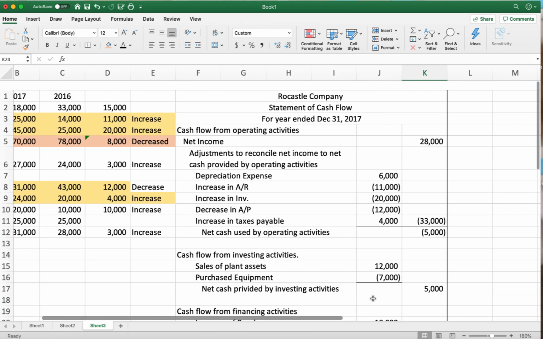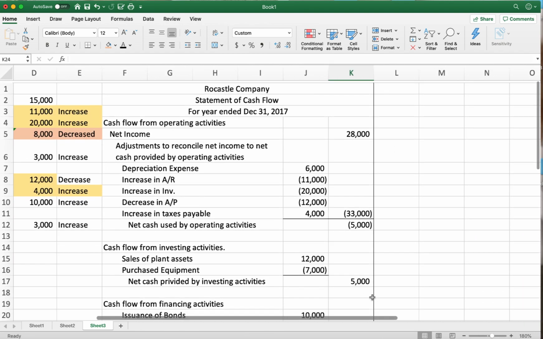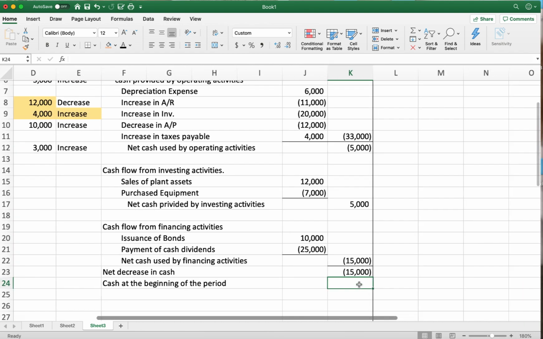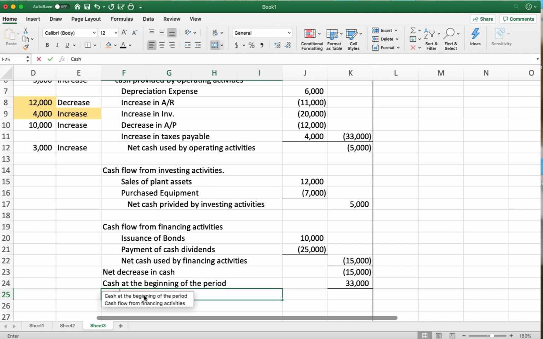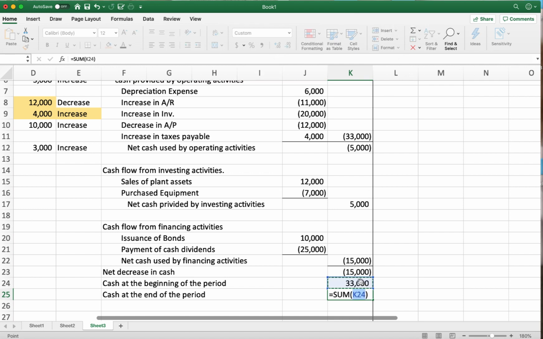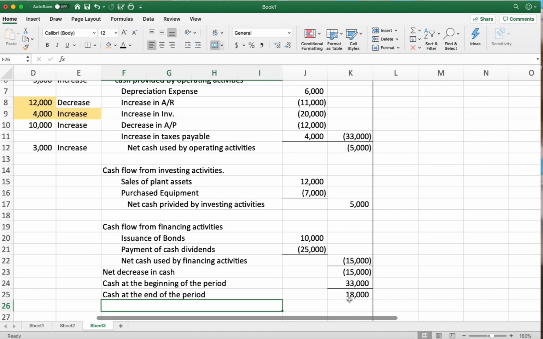Or I'm sorry, $33,000. Okay. So I now can figure out what is the cash at the end of the period. Well, negative 15 and 33 gives me $18,000.